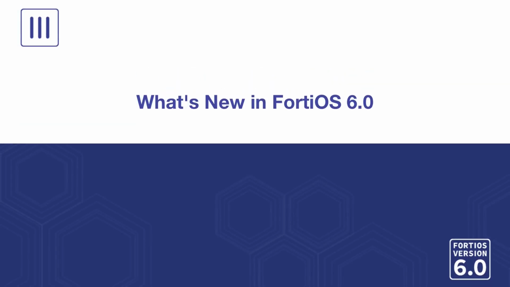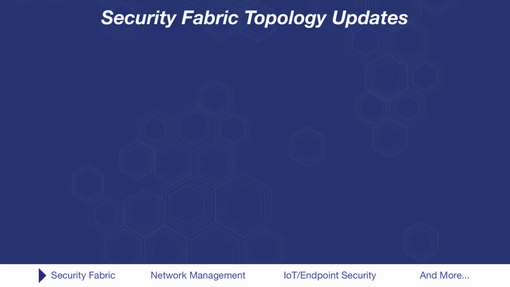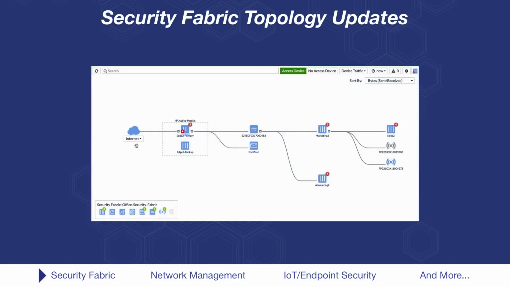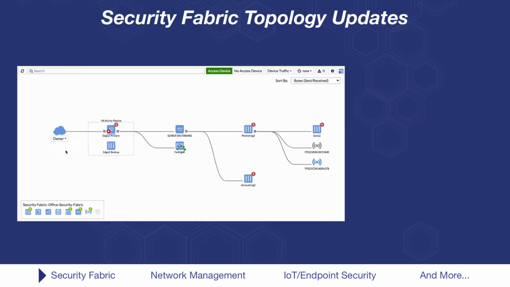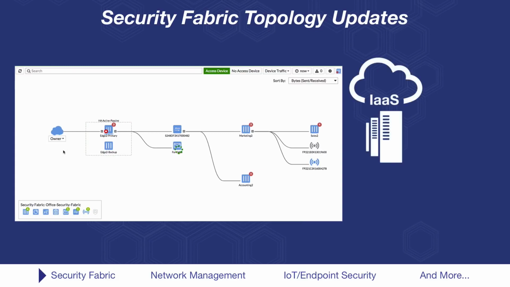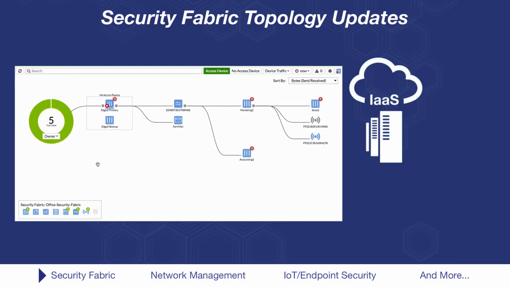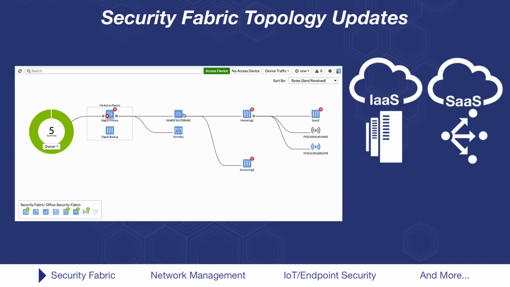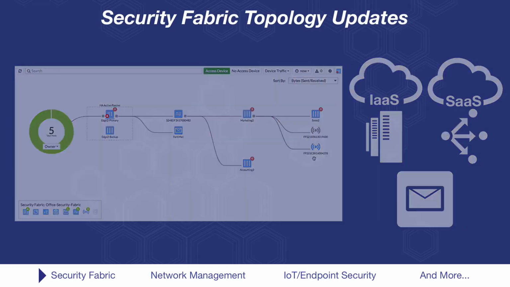At the forefront of 6.0 are new Security Fabric updates and features, designed to extend your oversight and reach. As of 6.0, you can add many new services to be mapped in your Security Fabric topology: Infrastructure as a Service cloud sites and servers, such as AWS and Azure, SD-WAN links and Software as a Service installations, networked FortiMail devices, and many others are all centrally visible and configurable, integrated into the Security Fabric.